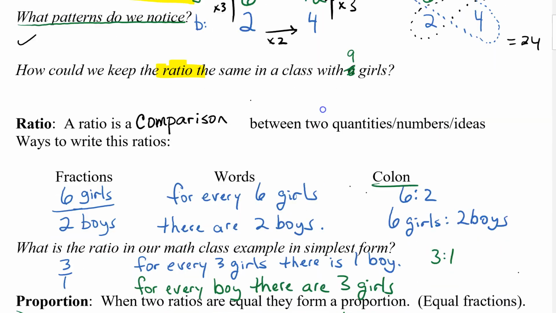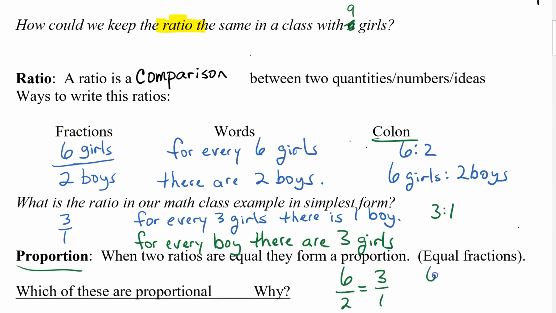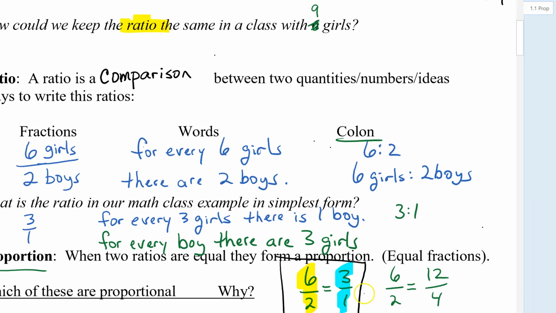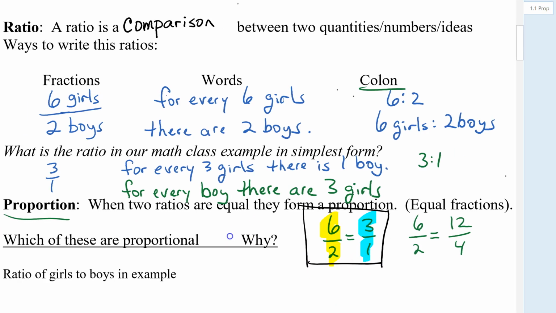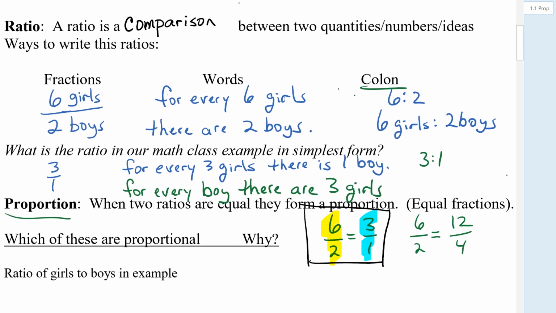We could say 6 over 2 was equal to, what was it, 12 over 4? 12 over 4. So here's a ratio on the left, and here's a ratio on the right. When these two are equal, then this whole thing here is a proportion. Another way we can say it is that these are proportional. Now, not everything in life is proportional.